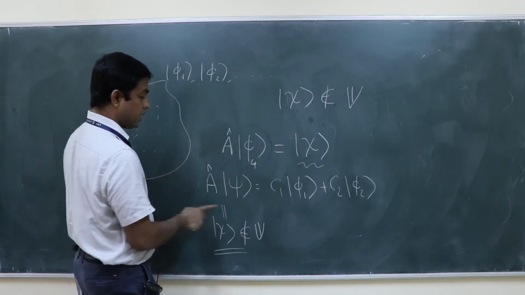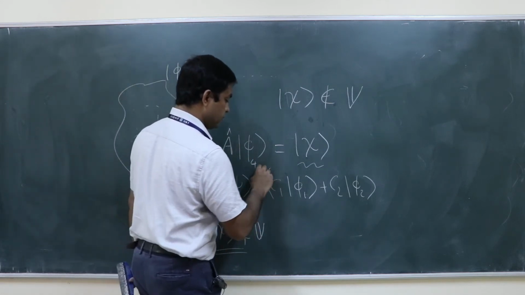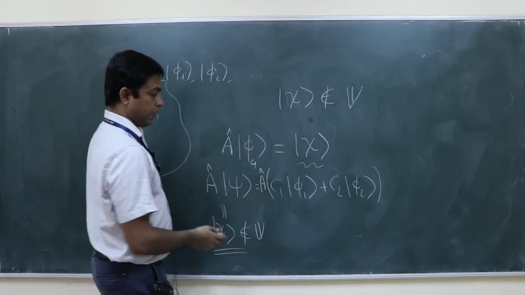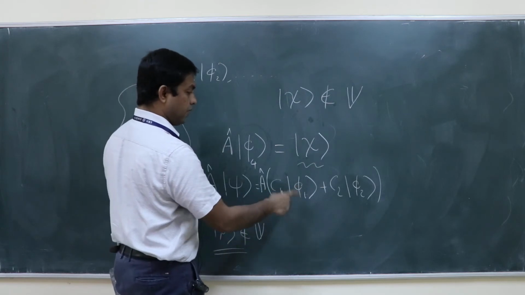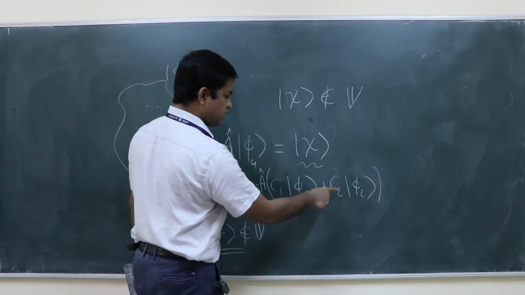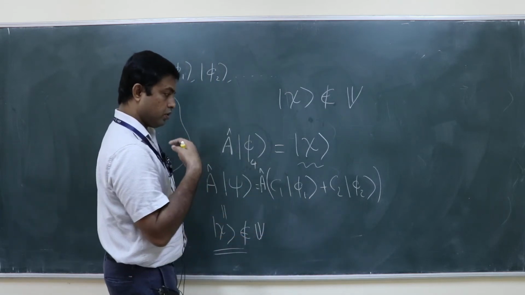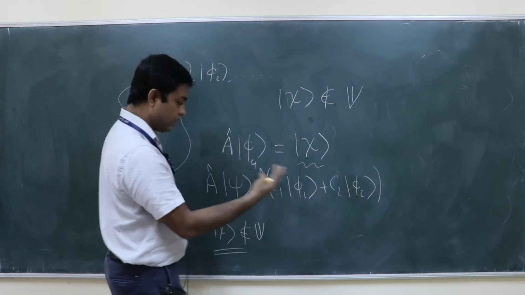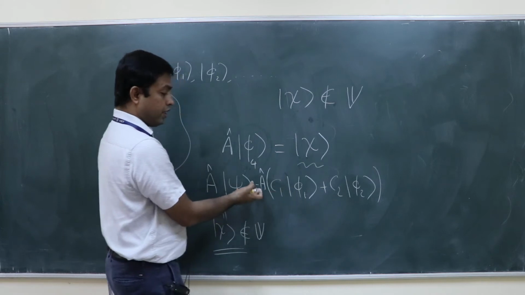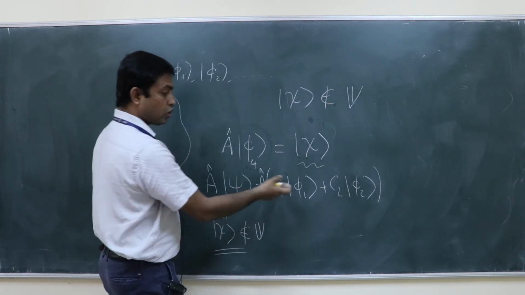So this ket psi is not in the domain of A. This ket psi I can represent as a superposition of basis vectors, C1 operator A acting on ket phi 1 plus C2 operator A acting on phi 2. That vector will not belong to V, that's all. Because A acting on phi 1, maybe that basis vector itself is not in the domain of A, or phi 2 may not be in the domain of A, or the combination of these two.